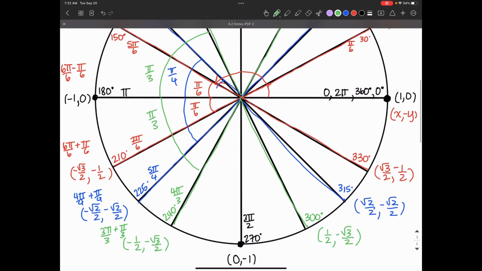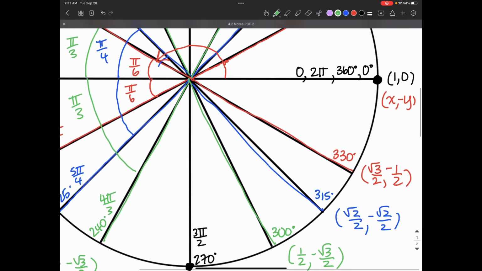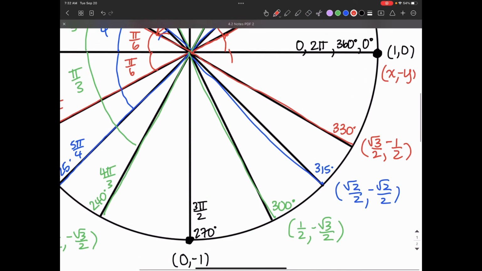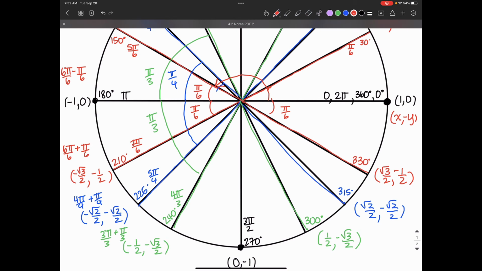And then I'm going to do the same thing in the fourth quadrant. So I know this angle here that I drew was pi over 6. To find the full circle, I want to find the rest of that circle. So I want to take it away from 360 to find what the angle would be in the positive direction from the positive x-axis.